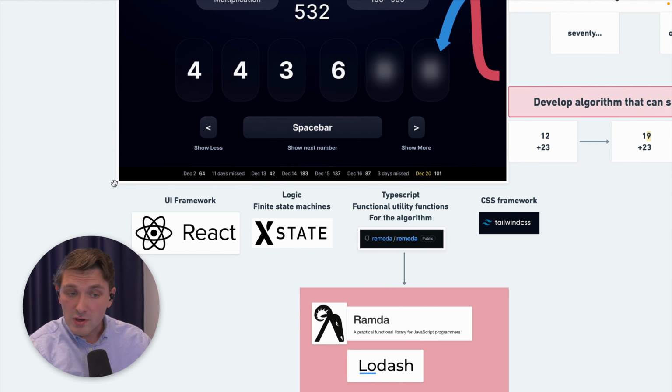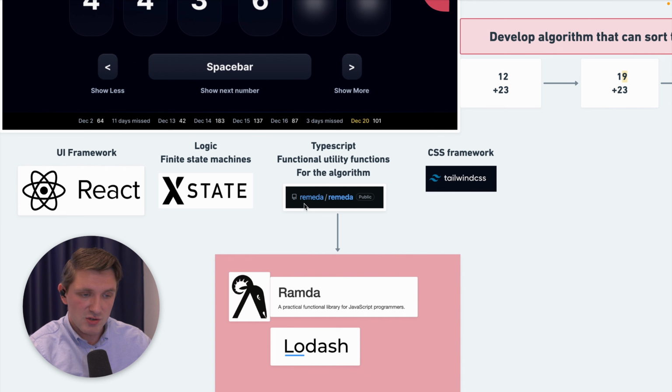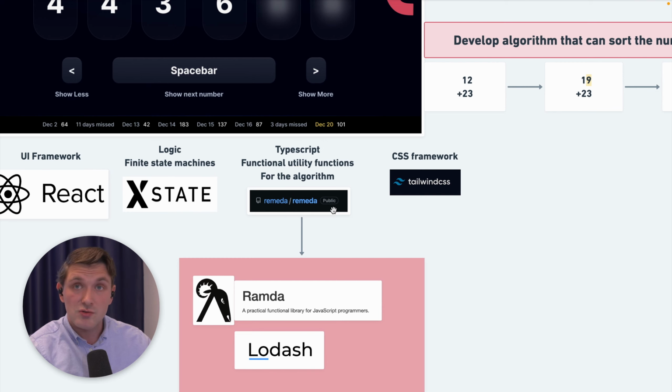And what we will be doing is we will be using React to do this. We will also use xState to do the logic of the app. We will also use TypeScript and functional Lambda. We will be using Lambda as utility functions to do the algorithm.